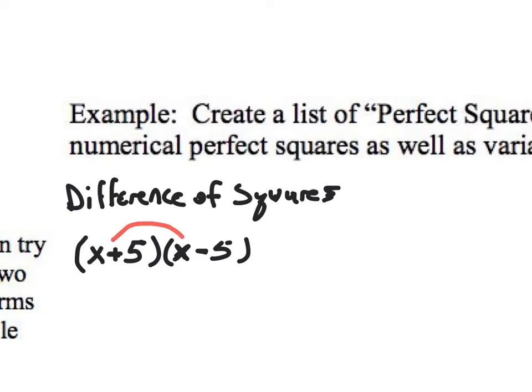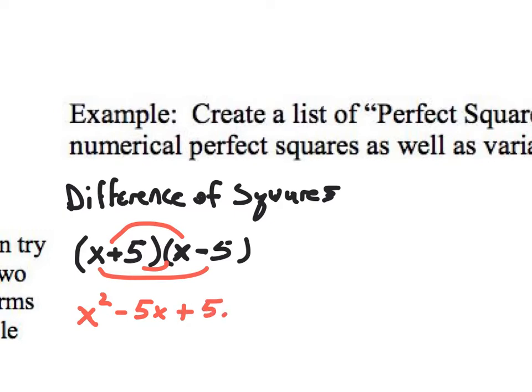So I'm going to do x times x, which gives me x squared. Then the outside terms are going to be minus 5x. The inside terms are going to be plus 5x.